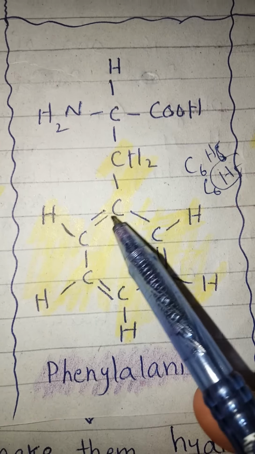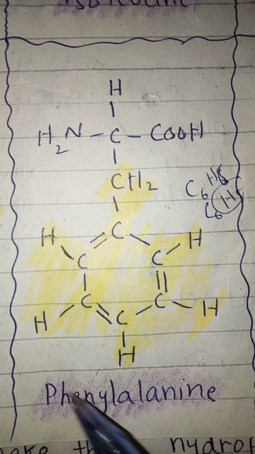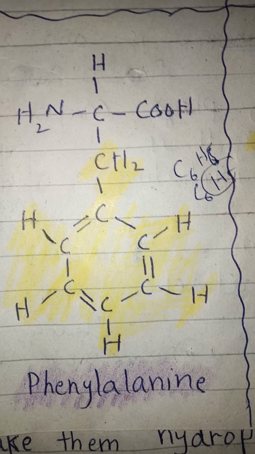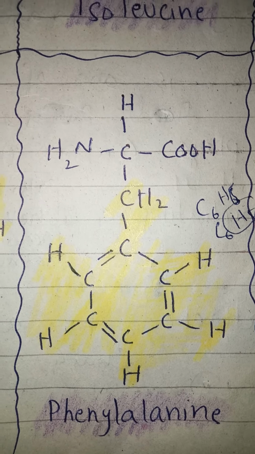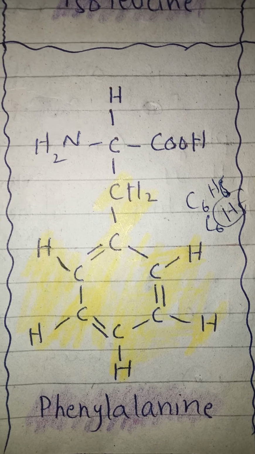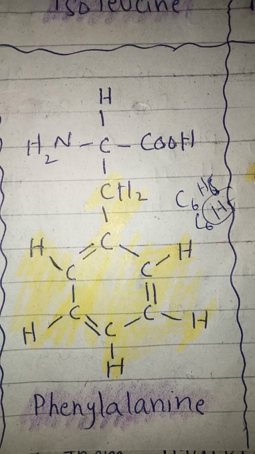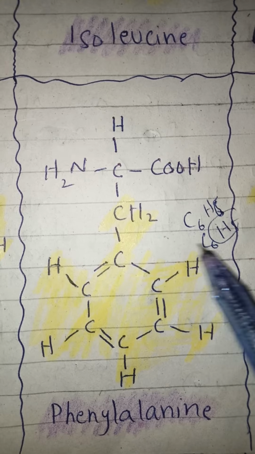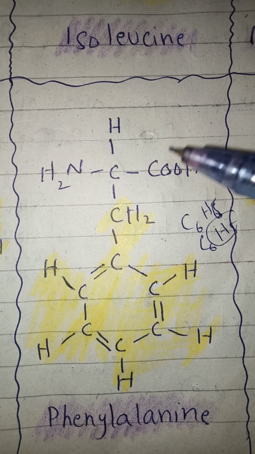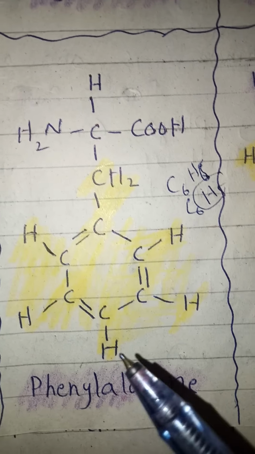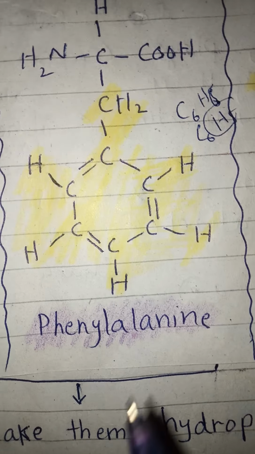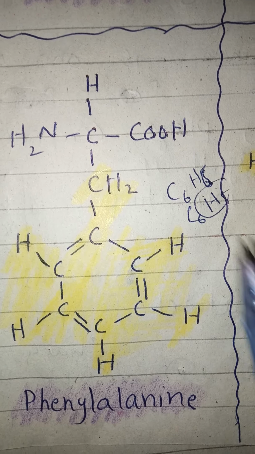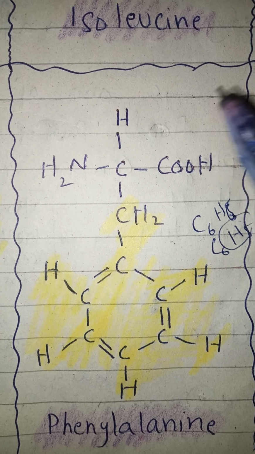Look, 6 carbons and 5 hydrogens, because one hydrogen is replaced with another atom or group of atoms. The phenyl group is attached to any other atom or group of atoms. In the amino acid phenylalanine, the phenyl group is attached to alanine.